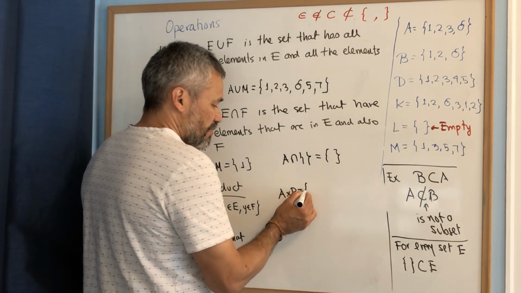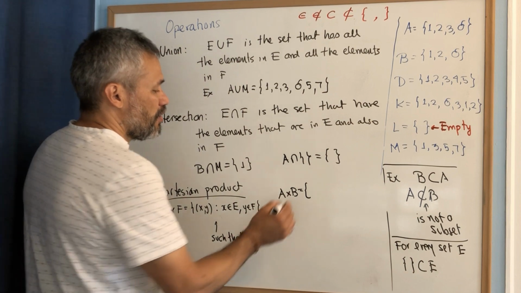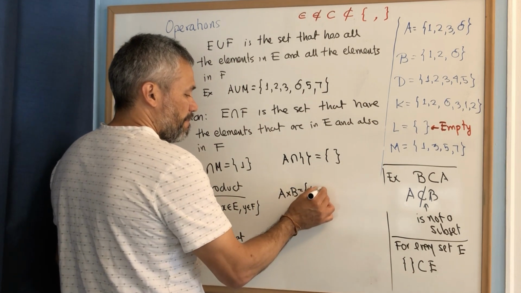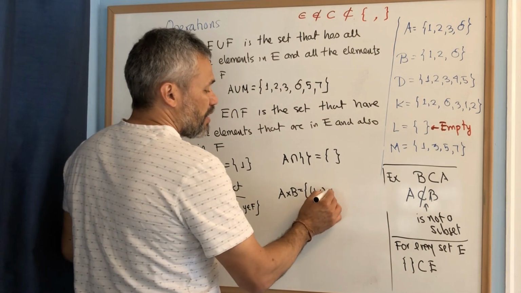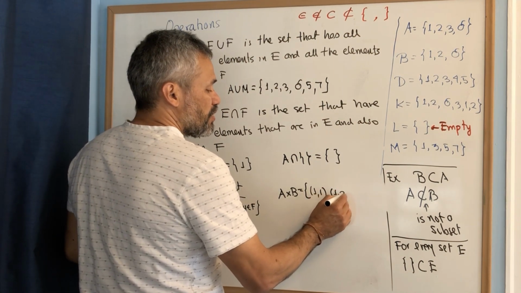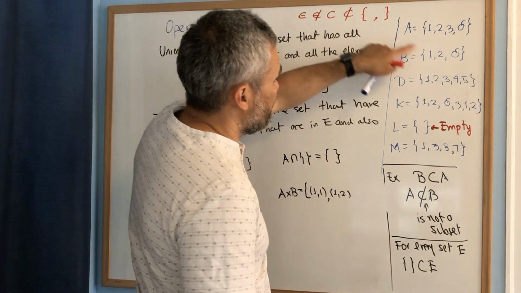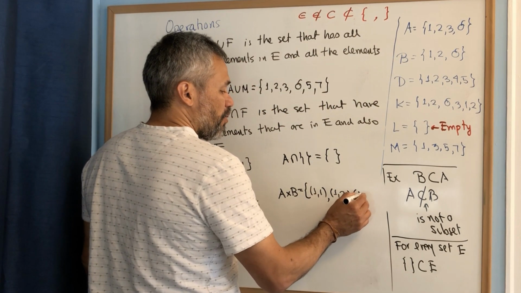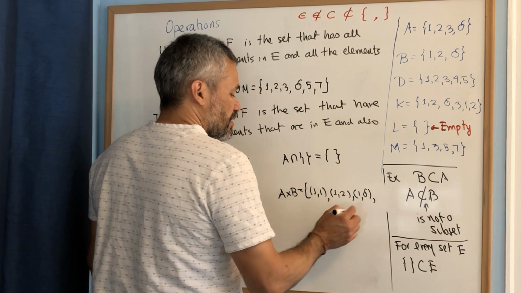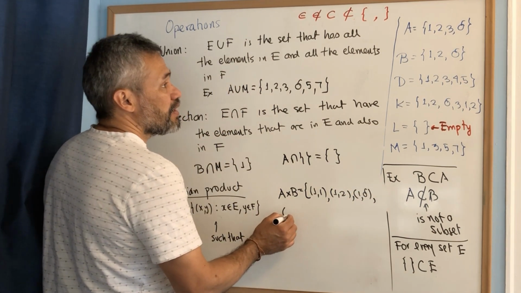Let's start writing the elements. We have 1 is there, right? Because 1 is here and 1 is there. The ordered pair (1, 1). The ordered pair (1, 2) is also there because 1 is in A and 2 is in B. We have (1, apple) is there. We also have (2, 1).